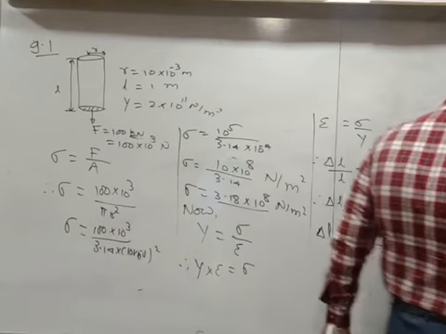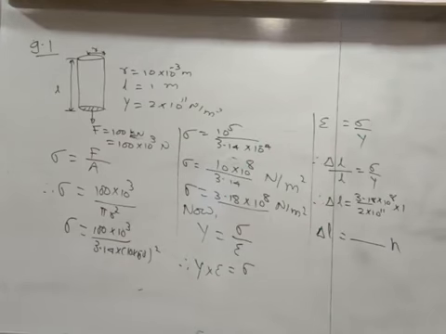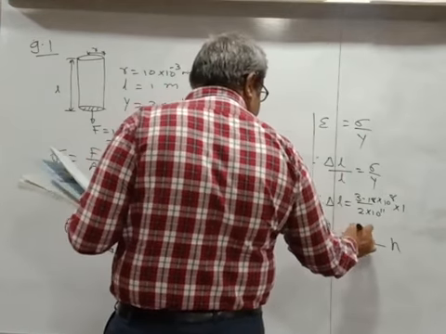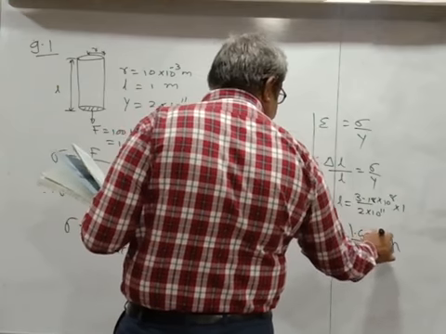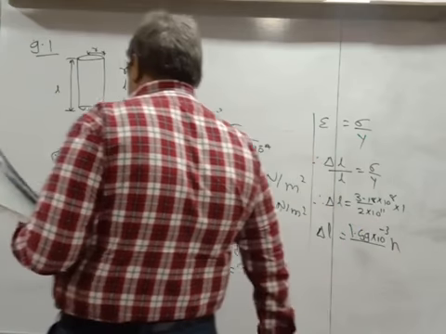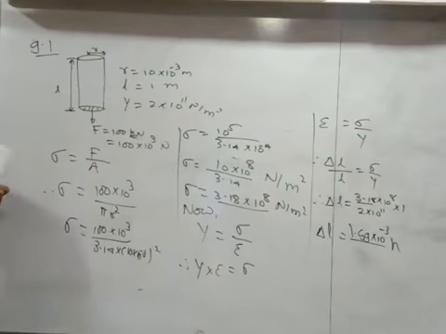This much meter will be the elongation. तो elongation अगर आप देखोगे तो ये वाला आपके पास आ जाएगा, it is 1.59 × 10⁻³ meter. Okay, so this is how you generally find out the elongation.